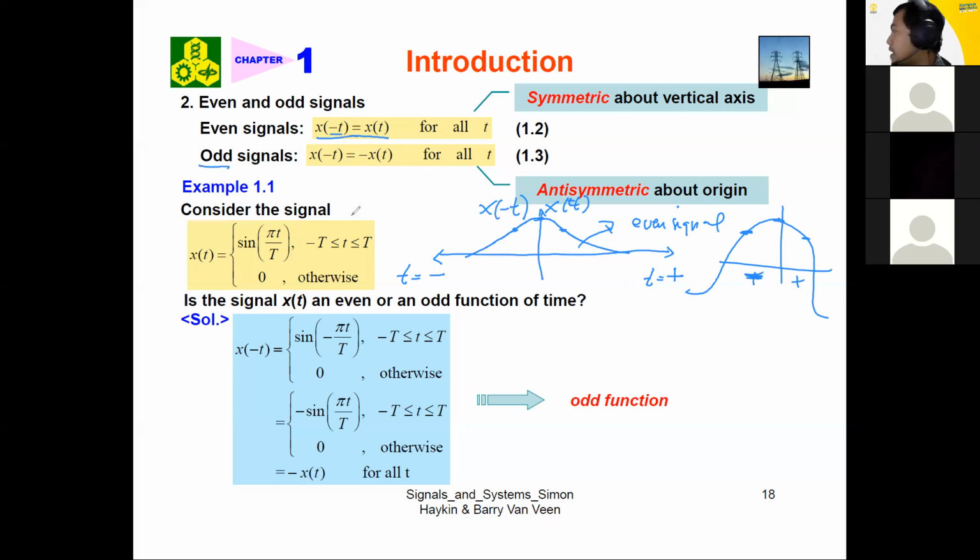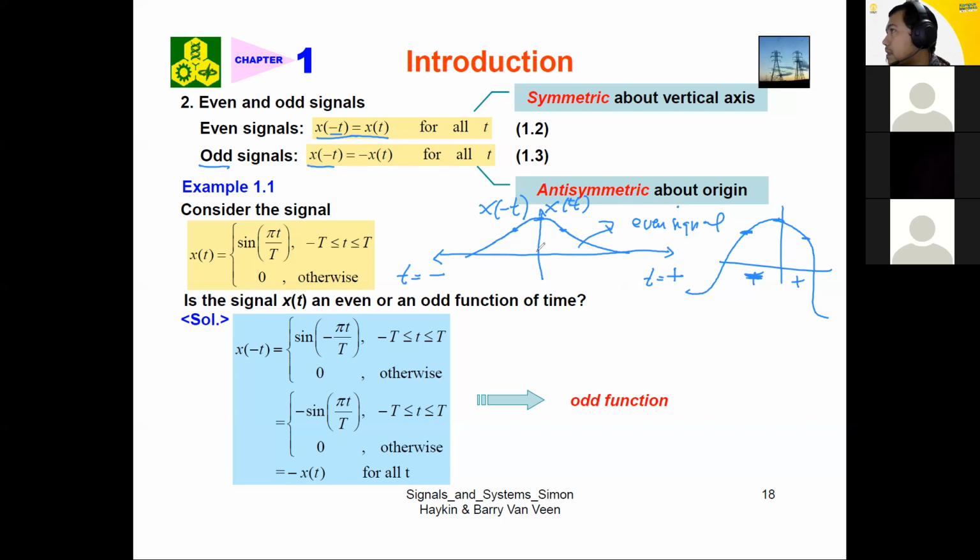Moving forward to the odd signal. For the odd signal, you can see here that x minus t is the negative of xt. I will draw using red color.